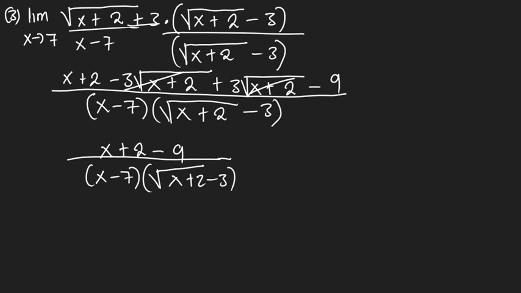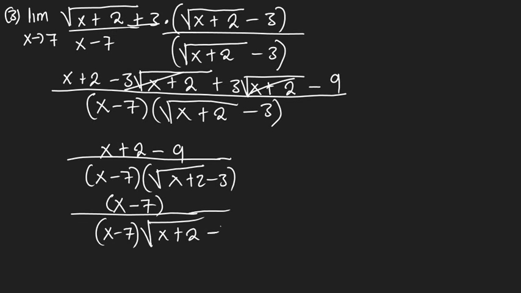Now notice that this is x plus 2 minus 9, so this is going to give us x minus 7. Then this is going to be x minus 7. Then you are going to have the square root of x plus 2, then minus 3.